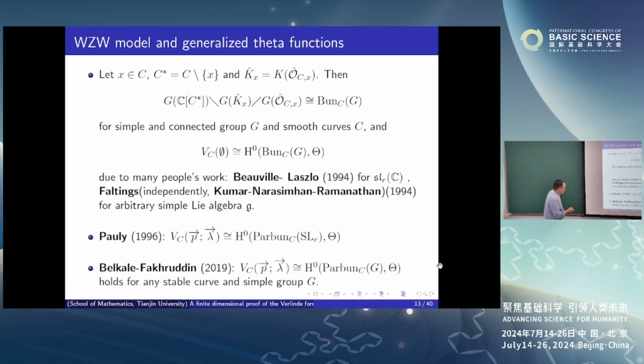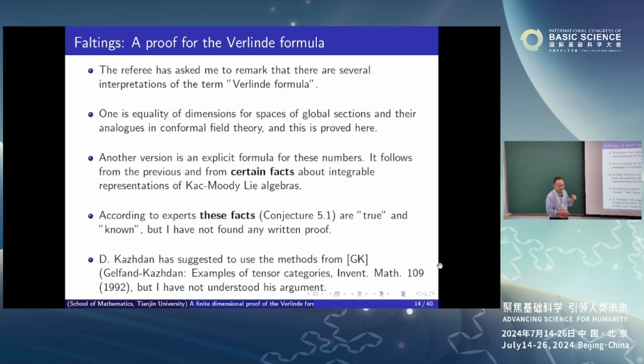Anyway, now in fact there are many proofs. When you say Verlinde formula, there are many understandings. This is the question faced by Faltings, who has a paper called A Proof of the Verlinde Formula. He was asked a question by the referee. I copied this from the introduction of his paper.